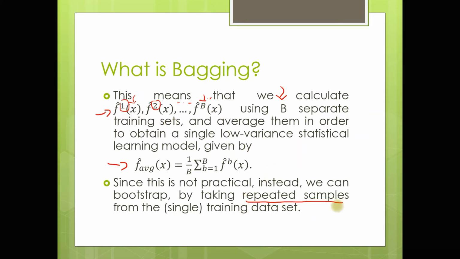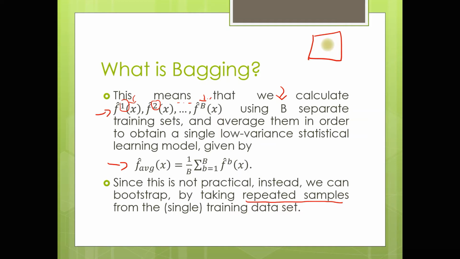That is, you can sample with replacement. So you have a training set. What is going to happen? You will sample within it, and then the next time you will sample again with the same observations put back into the pool.